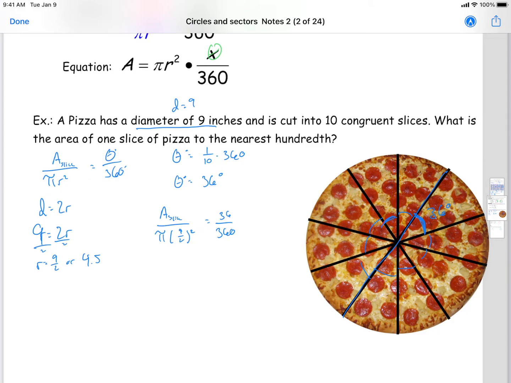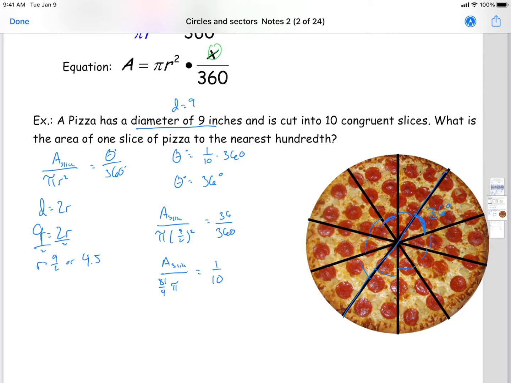You'll see that the right-hand side still reduces to 1/10, 1/10 of the circle, so it still works the exact same way. So another way: area of the slice over 81 over 4 pi is equal to 1/10.